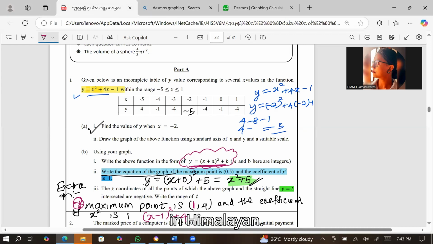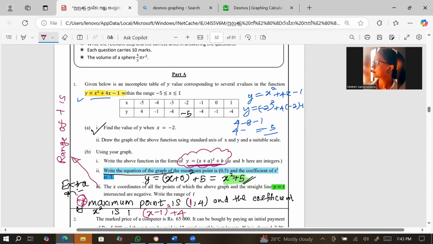Write the answer here. For the third part: range of t is imaginary.